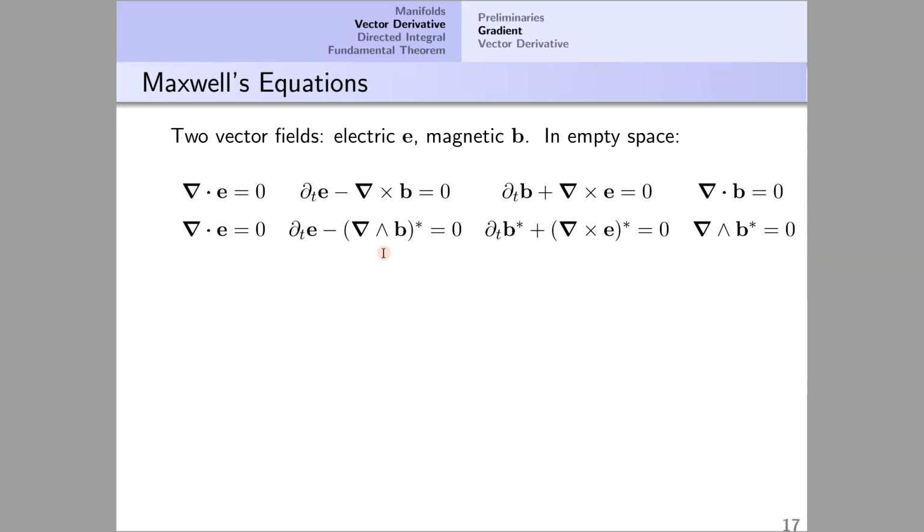The dual of the outer product, as I mentioned, is the cross product, so that explains this. Here, I've simply taken the dual of both sides of the equation. And the same here, remembering that the dual of an inner product is an outer product, and I have to replace the right member with its dual. So these four equations are equivalent to the original four.